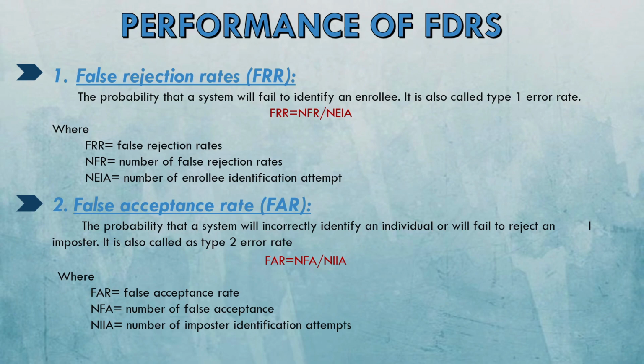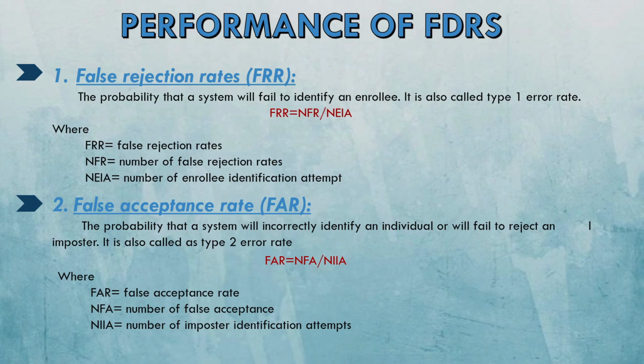In another scenario, a respective student's face details have been given to the app and it has been trained with that data, but when you try to recognize that face, it says it doesn't have that face data. That is a false rejection rate.